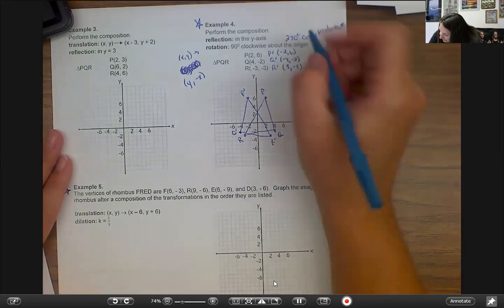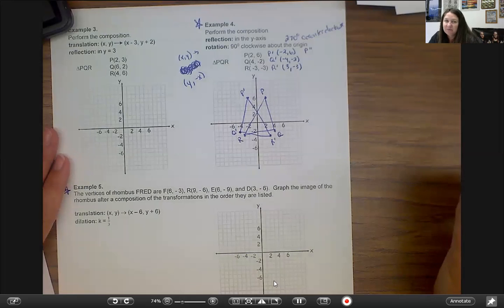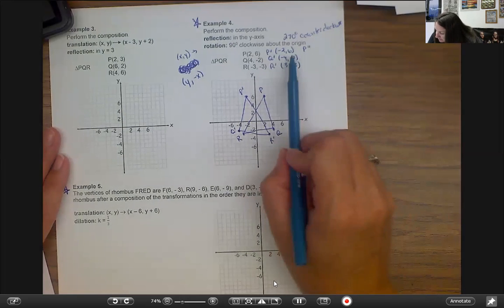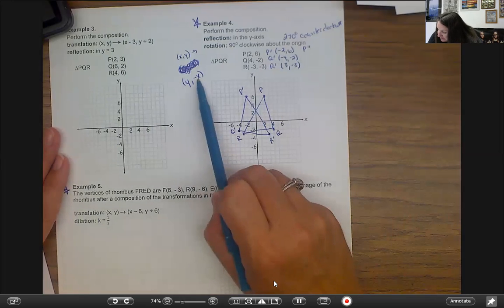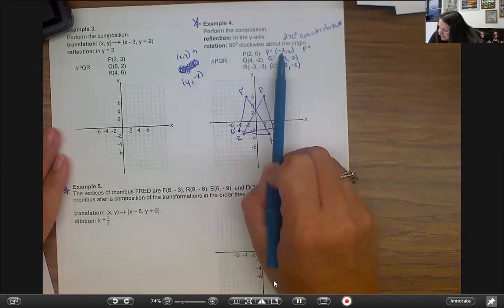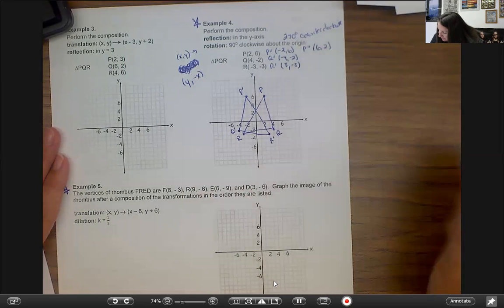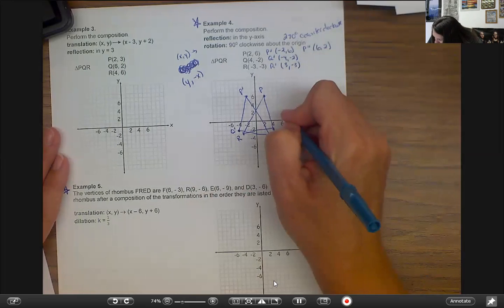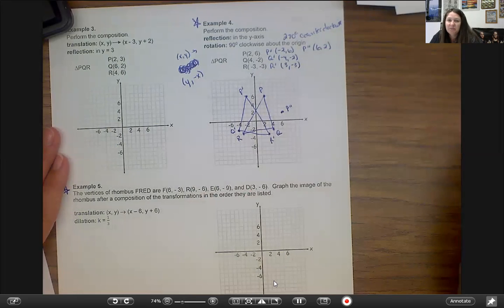So now if I wanted to identify where P double prime would be located, I'm going to switch these coordinates, and what was my x coordinate is now going to have the opposite sign. So that's going to make -2 a +2. So this should move to 6, 2. And that will be P double prime.